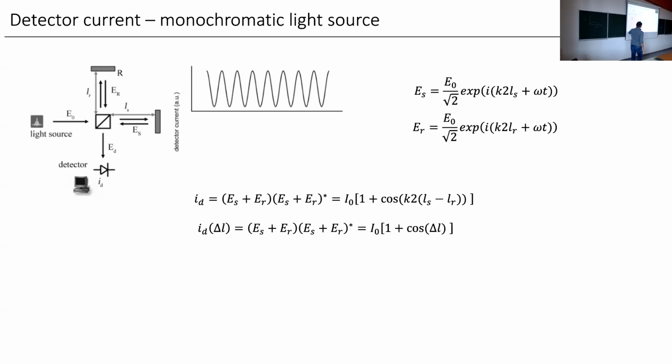So let's write this a little more concisely in terms of the true lengths of some sample. The delta difference is the only thing that matters. So 2 times the length difference is delta L.